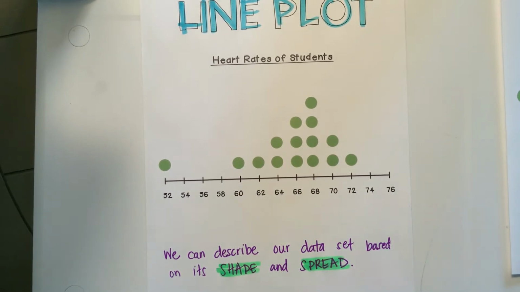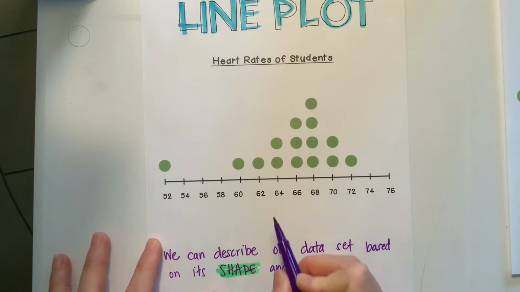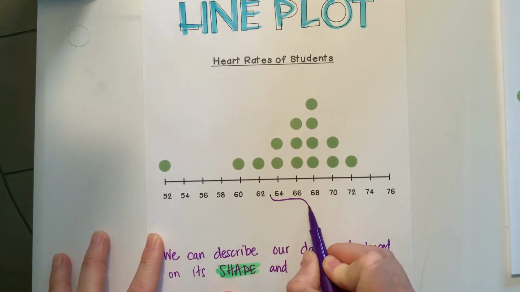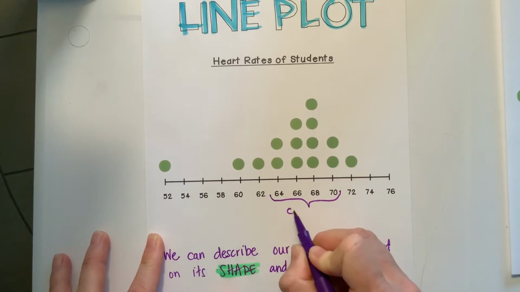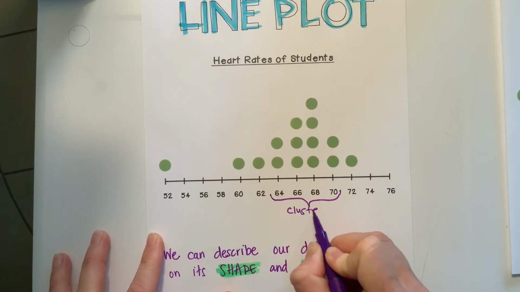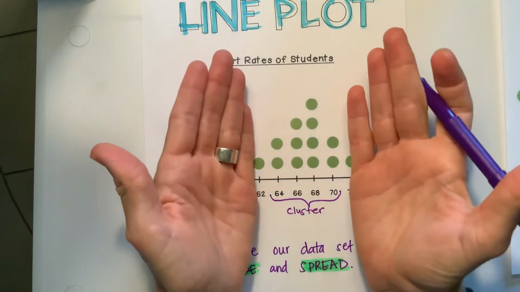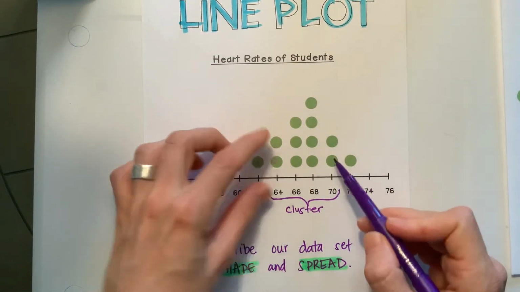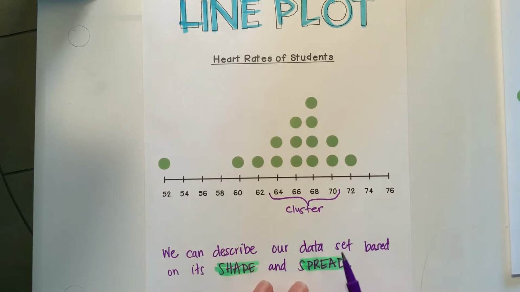All right, so if we were to just look at this, based on the shape and spread, we could see that we have a cluster of data points here, meaning the majority of our data points kind of fall in this general area, with a few this way and then a few that way.